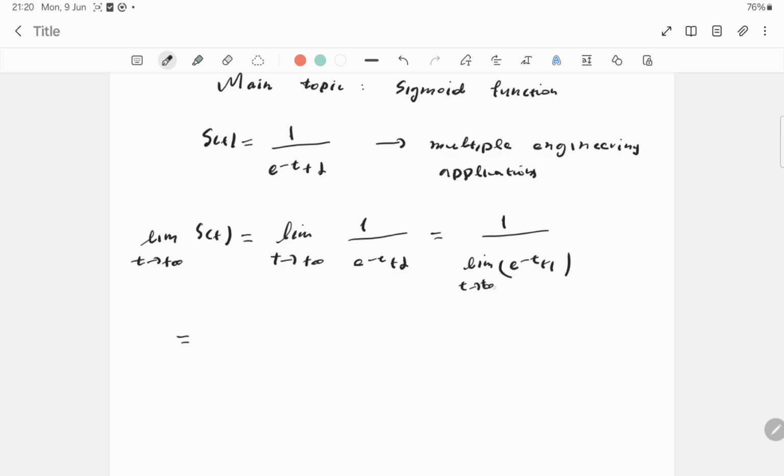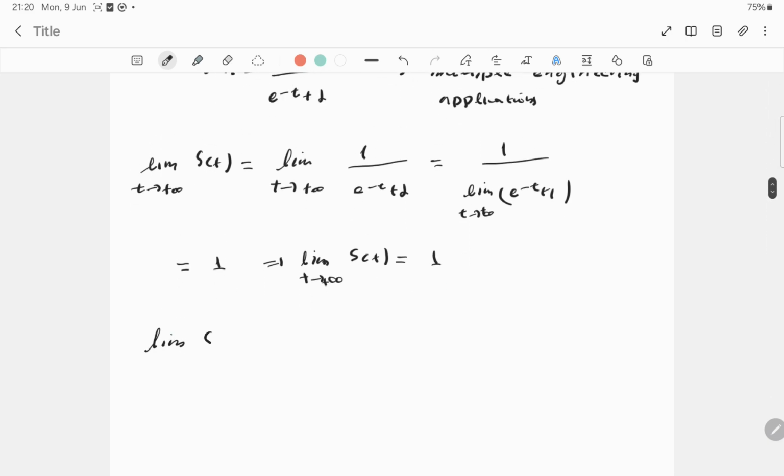When t grows to plus infinity, the exponential decaying function goes to 0. So this goes asymptotically to 1. So the limit as t grows to plus infinity of s of t goes asymptotically to 1.